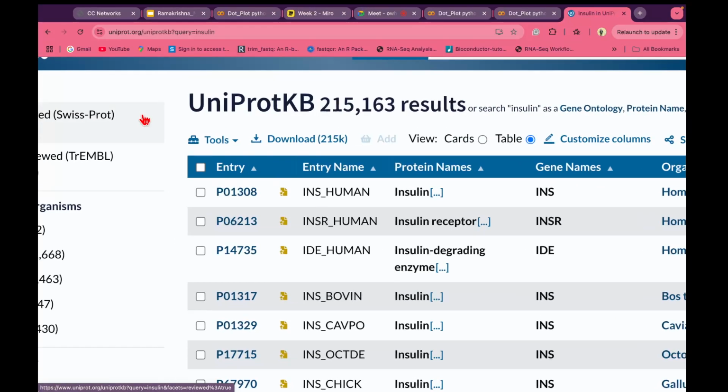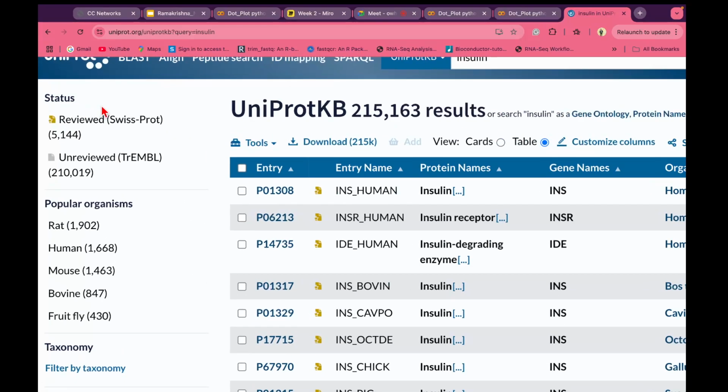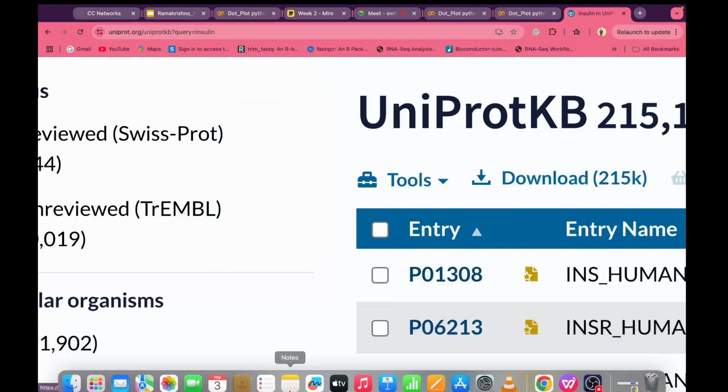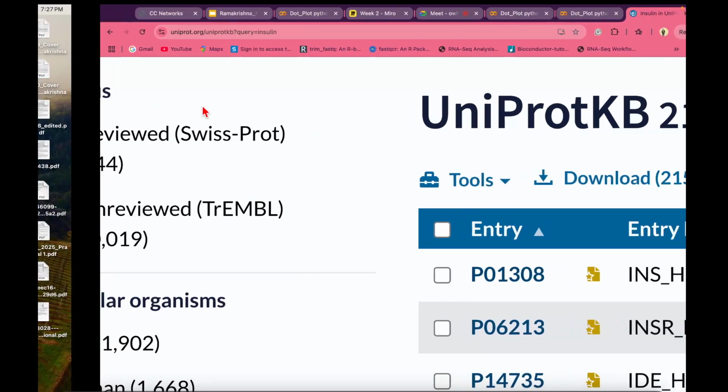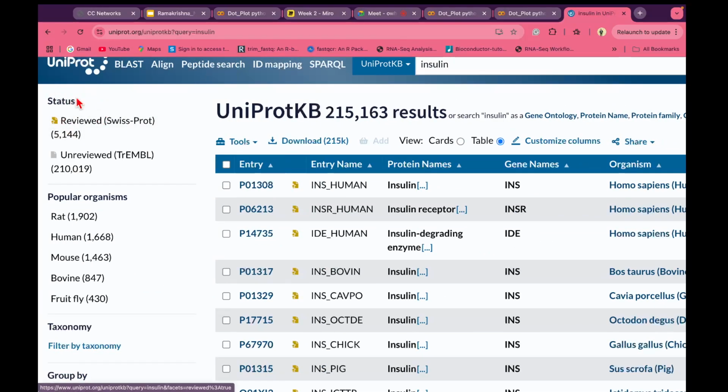So you can see the UniProt entries. The status: we have reviewed under SwissProt, unreviewed under TrEMBL.